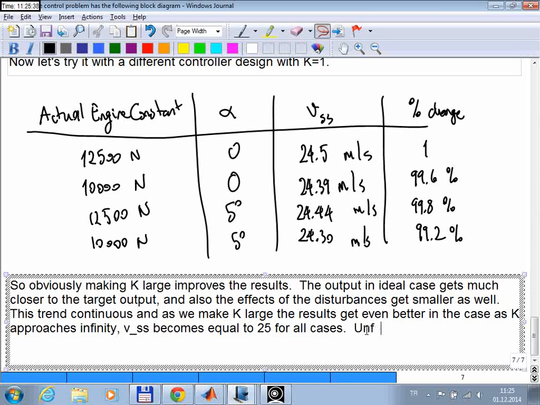Unfortunately, there is a downside to choosing large k values.